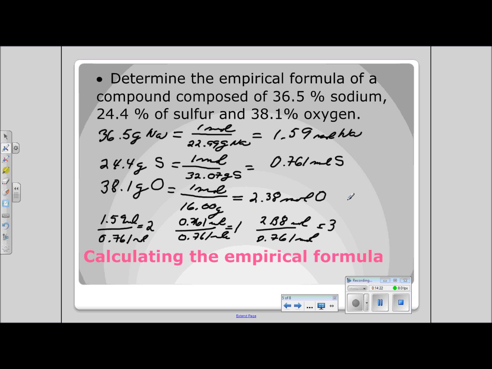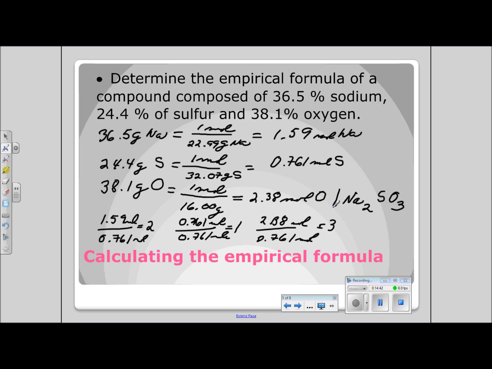So my formula is Na2S1O3, and of course I'm going to leave out the 1.